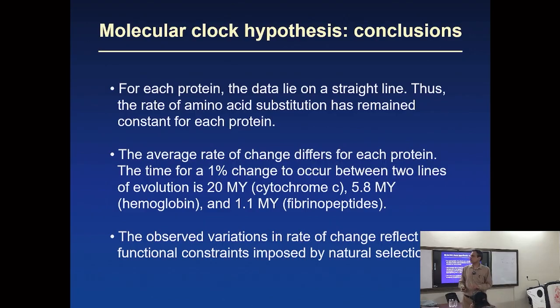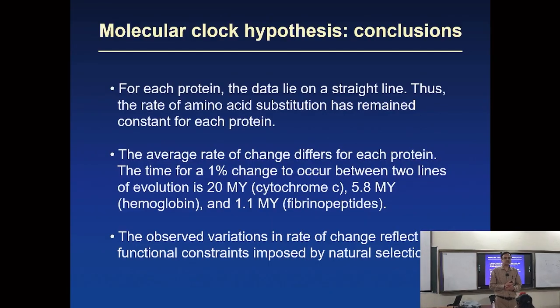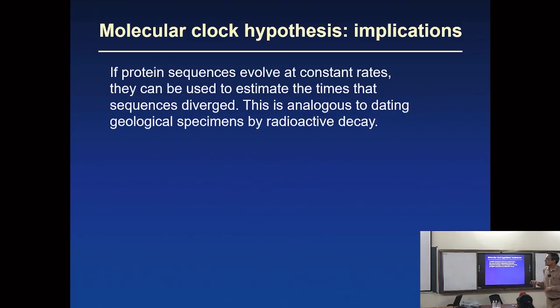Here is the rate, and of course for rate you would want to compute the number of substitutions per site per year. You have the data, you can compute that. It is very interesting that if proteins evolve at constant rates, then they can be used to estimate the times that sequences diverged, which means that you can time the evolution.